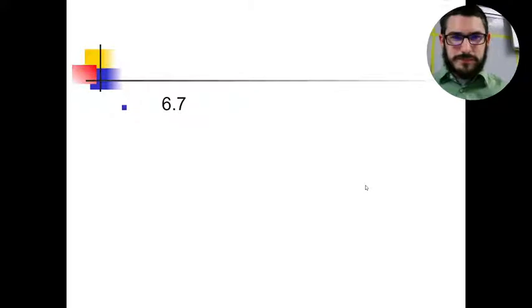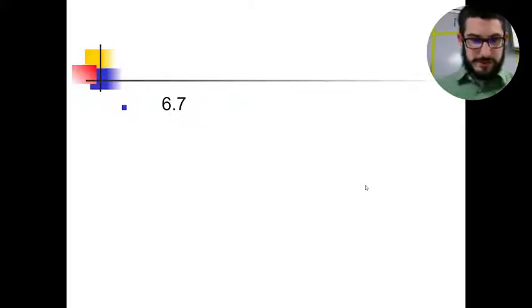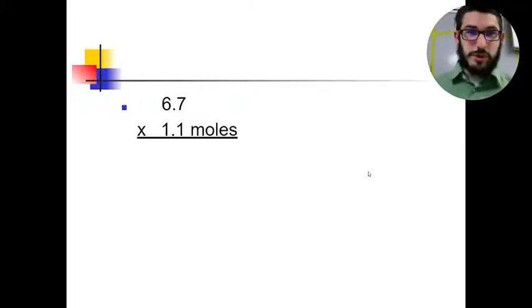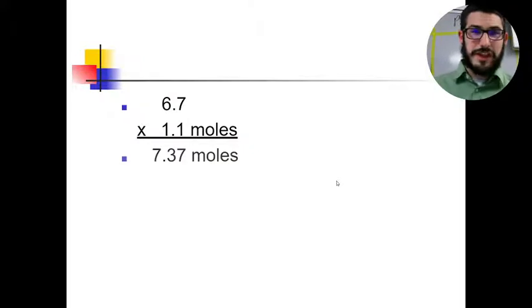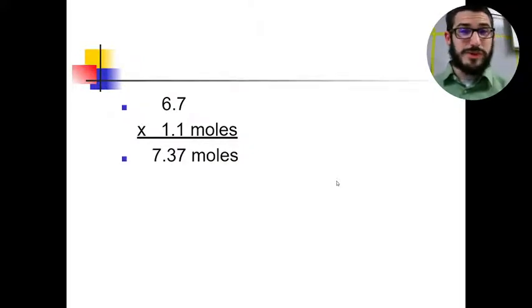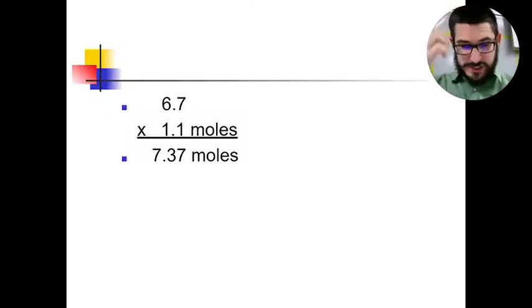So if I've got 6.7 and I'm going to multiply by 1.1 moles, moles is something we'll deal with a little bit later, then when I put that in the calculator, it gives me 7.37.